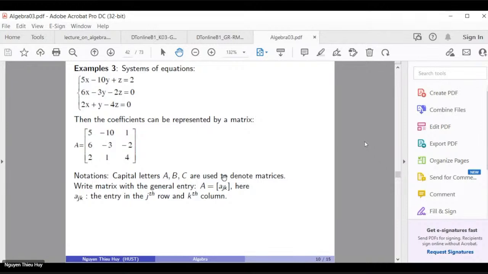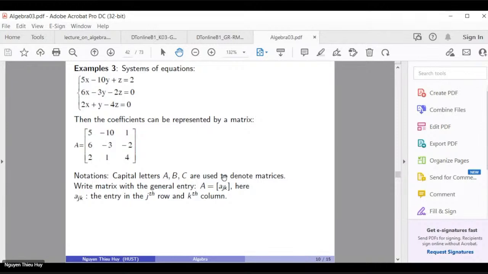Good. And we have the following definition about the size of a matrix. By an m by n matrix, we mean a matrix with m rows, and each row is called a row vector, and n columns, and each column is called a column vector. Here I want to emphasize the way to read this symbol.